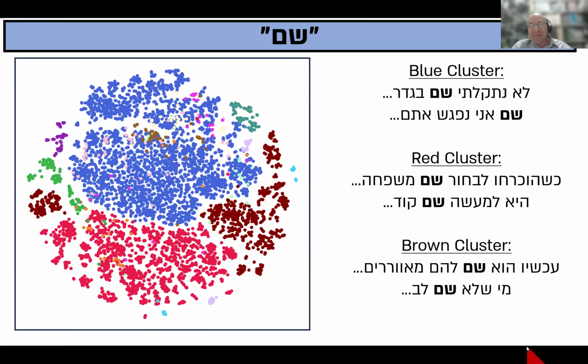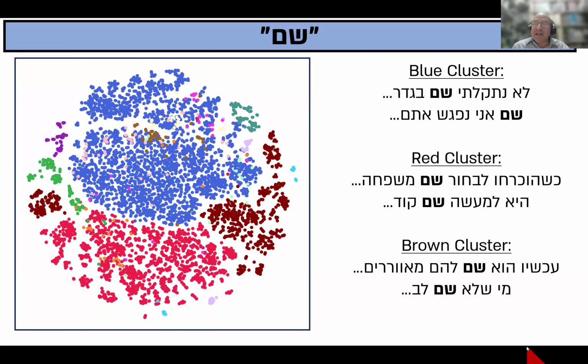What we're going to see in cases like this is that the BERT embedding space ends up clustered into clusters that represent the different usages of the word. So for instance, here, the blue cluster represents sentences like you see on the right: Lo nitkalti sham, begader sham ani nefgash. That's the cluster of sham.